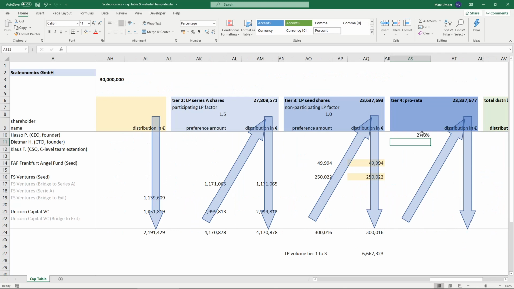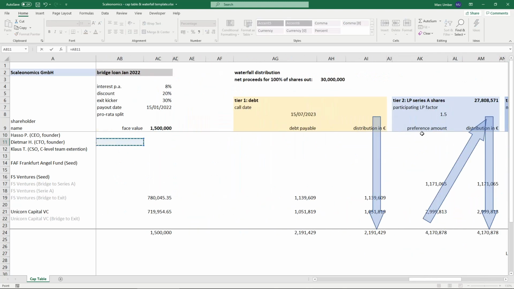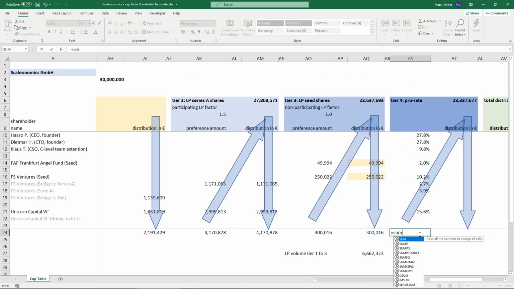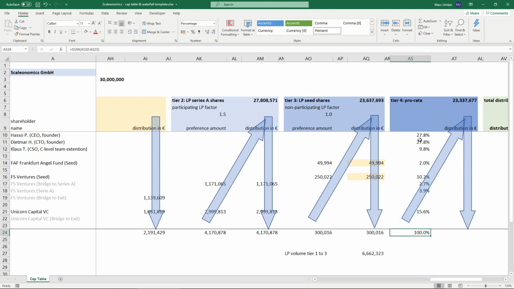So the fraction every shareholder holds in Scalenomics. Let's clean up. Let's test whether we have 100%. Very good.